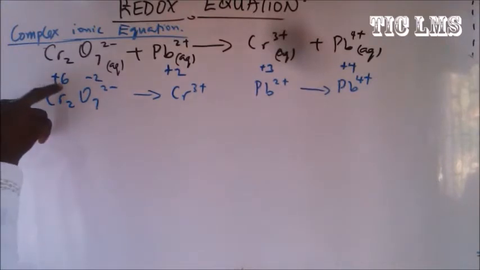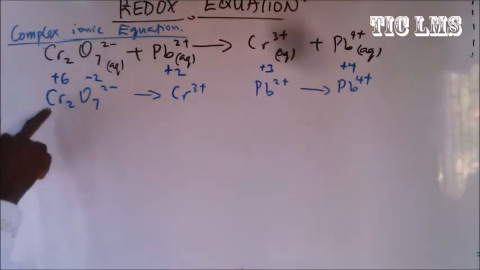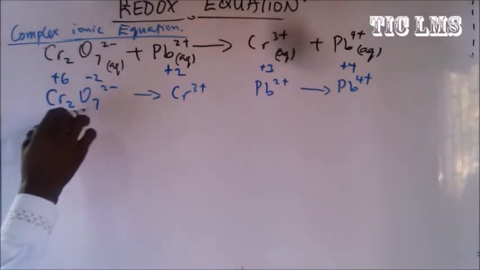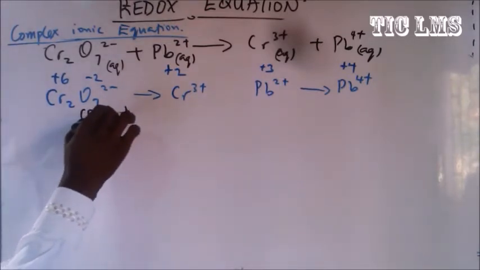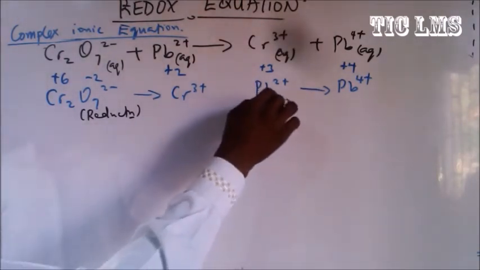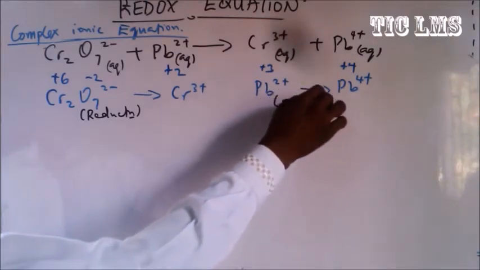Chromium over here is plus 6, which has become plus 3, meaning that there is a reduction in the oxidation number. It means that it has gained electrons, and when it gains electrons, that is reduction. So it has undergone a reduction reaction. Next, lead over here has lost 2 electrons, and when it loses electrons, it has undergone an oxidation reaction.